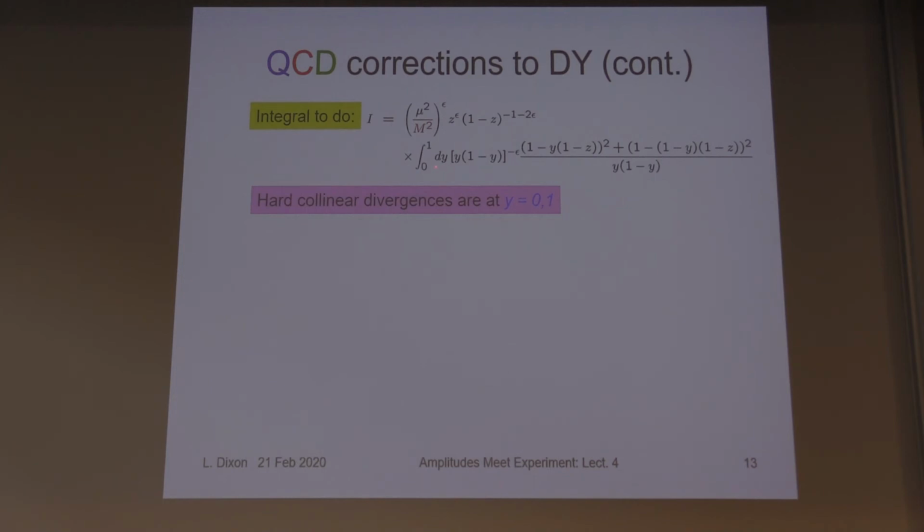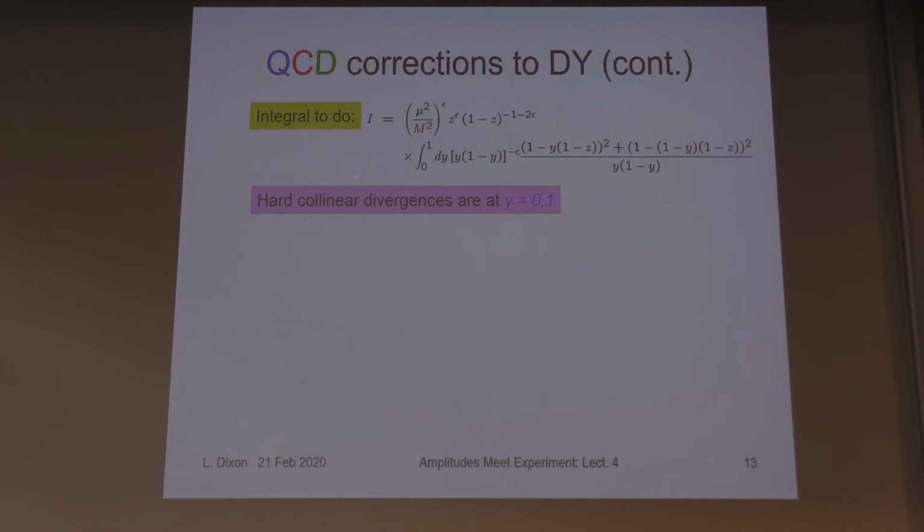And in the y integration, you see that there's a 1 over y singularity. That's a collinear singularity because z is so far generic. Z equals 1 was the soft limit, so this is a pure collinear singularity as y goes to 0. And there's another one at y goes to 1.